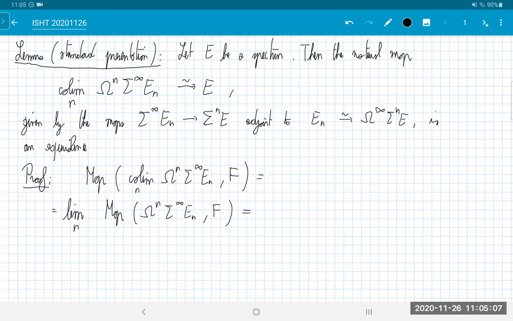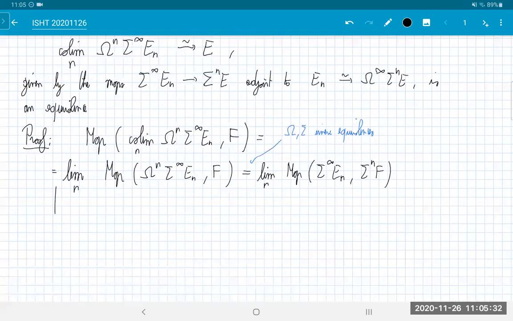But then I'm using that omega and sigma are inverse equivalences, and I can move the omega on the other side as sigma.